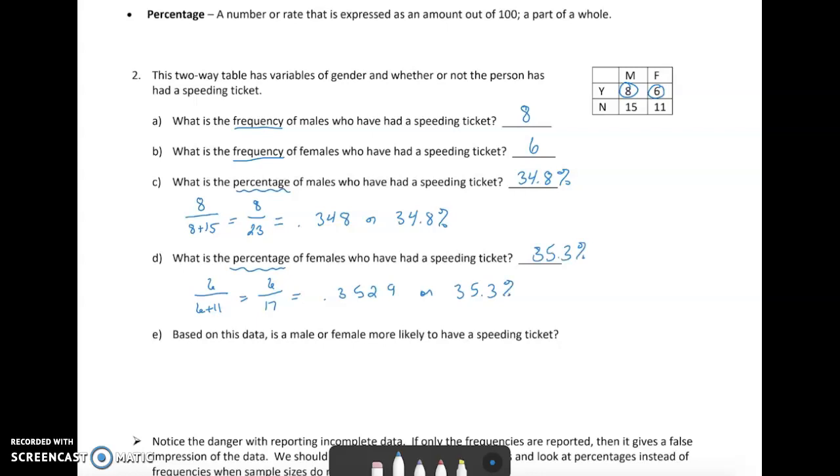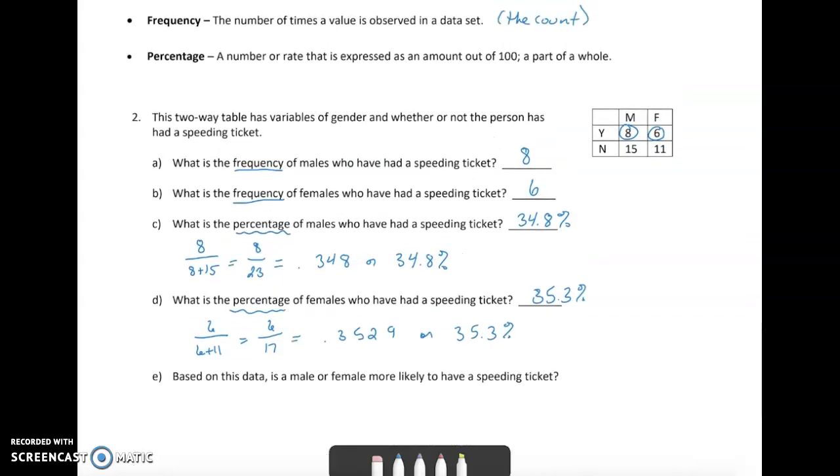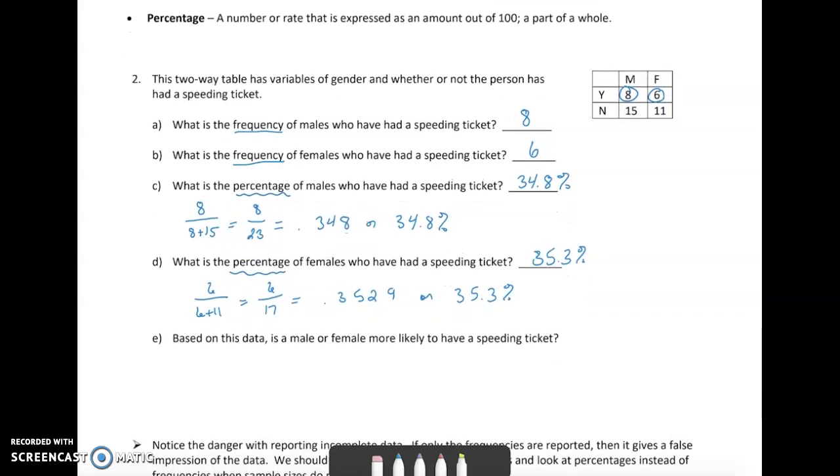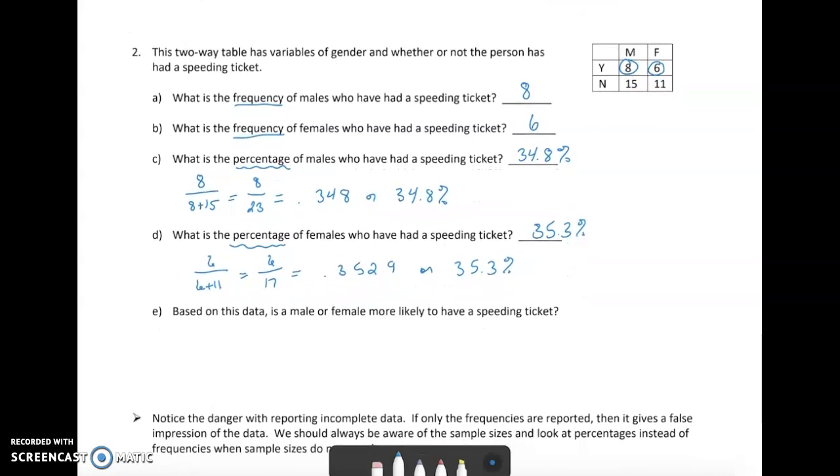So what's happening here is that the sample sizes were not the same. There were 23 males asked and 17 females asked.